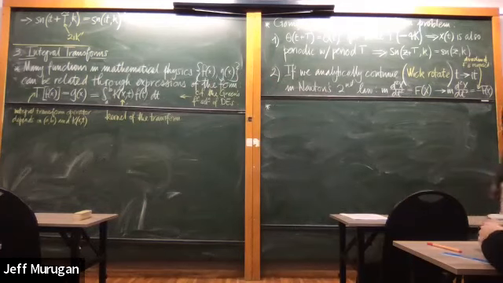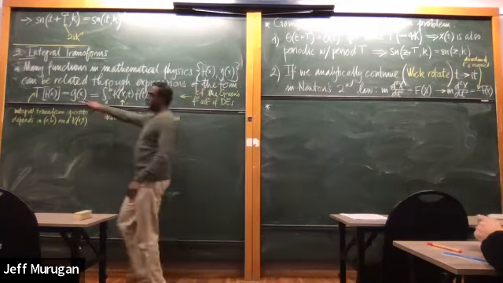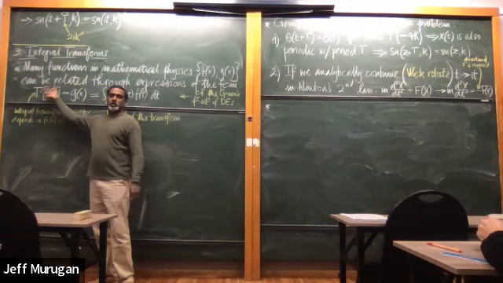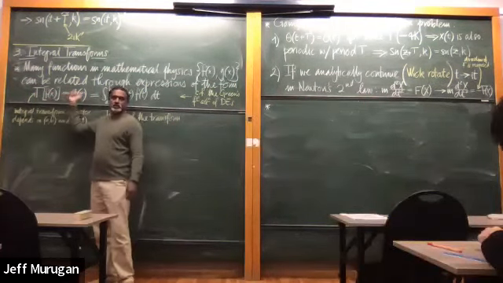So I specify for you what the limits of the integrals are, and the kernel of the transform that defines a particular transform, and symbolically I say that the transform operator acts on f of t to produce g of x.